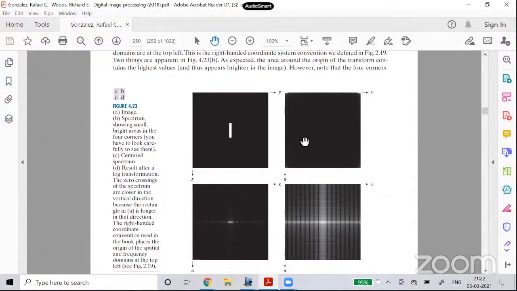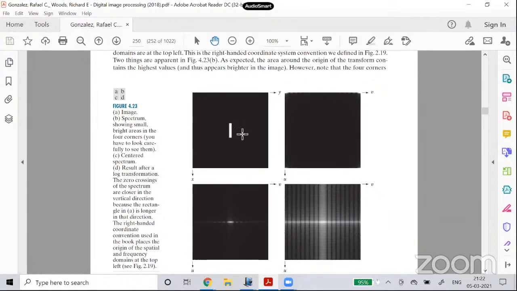After shifting, it has come here, and now it can be observed that most of the action is happening here. And these are not clearly visible. So what is done is these intensities are spread using the log function, to get this final image. So this is how the final image of the spectrum is obtained.